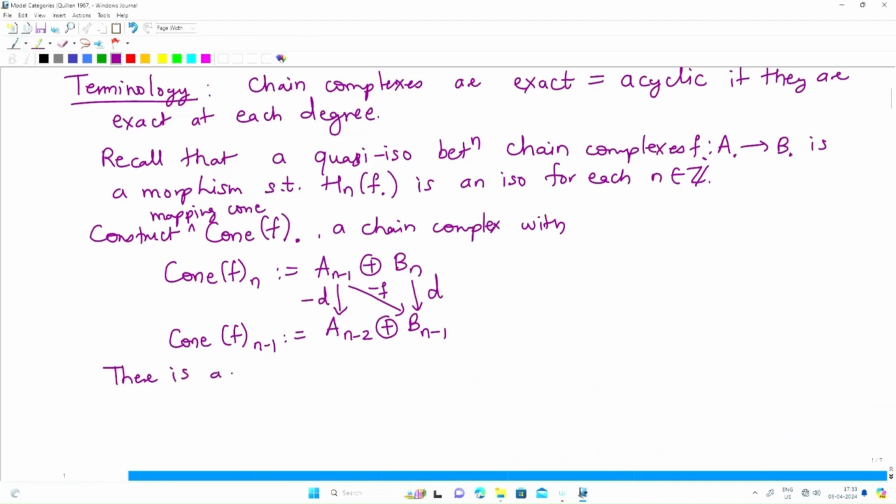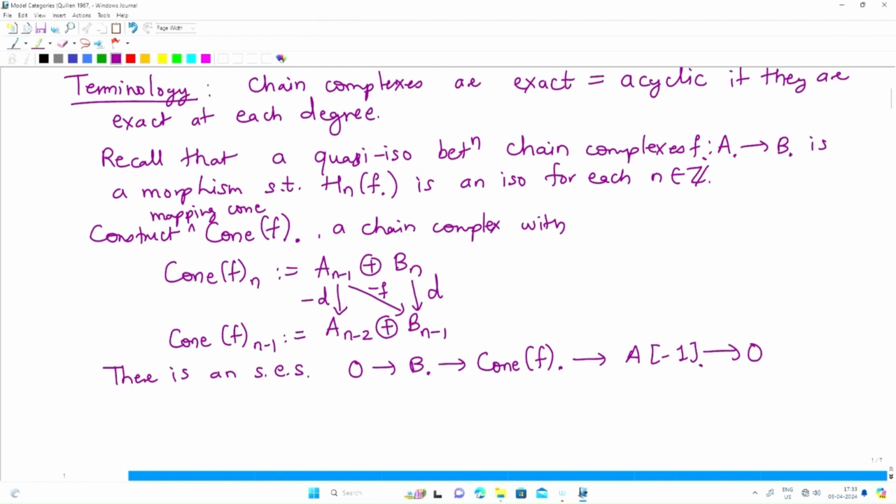Okay, and what is the role of the mapping cone? That there is a short exact sequence. There is an SES, short exact sequence, like this: 0 to B dot to cone F dot to A minus 1, to 0.